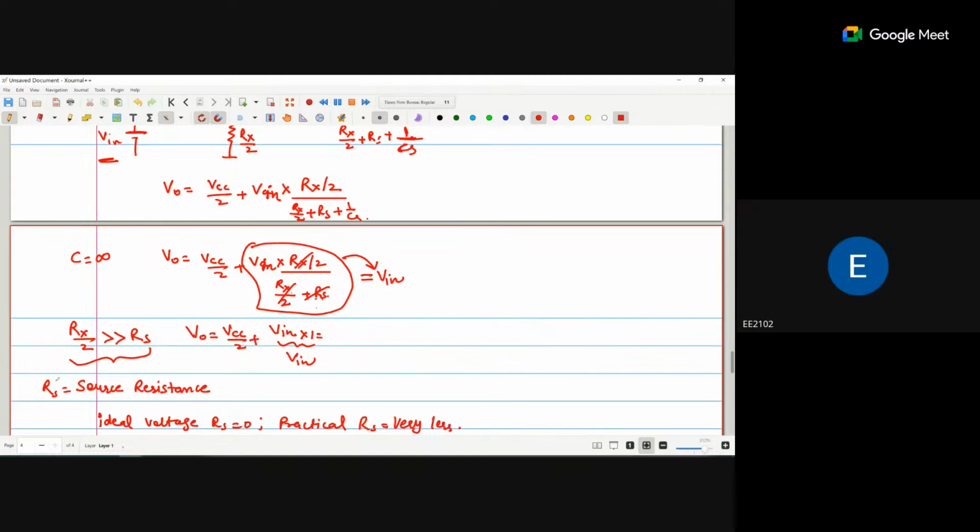That means this condition may be possible if we choose Rx in kilo or in mega. Clear? Yes, sir. Clear.